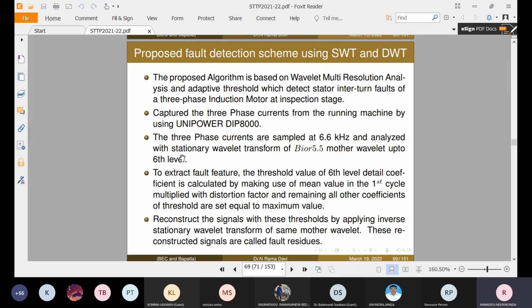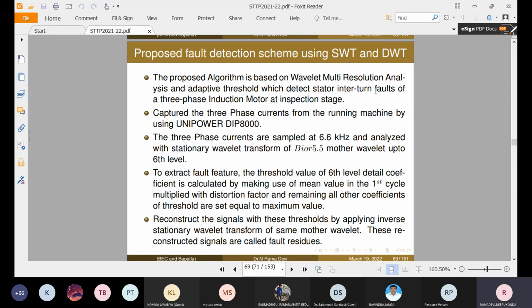Analyze the signal with the stationary wavelet transform of about 5.5 mother wavelet up to the 6th level. Extract the fault feature by taking level-based threshold values.